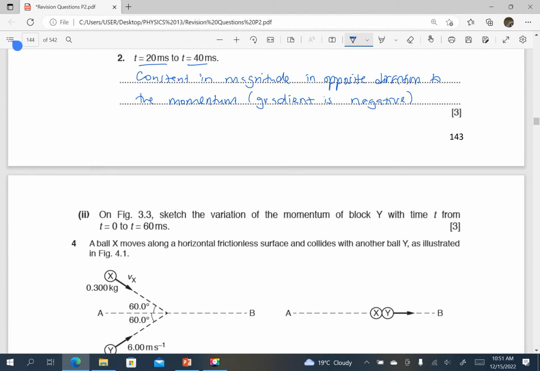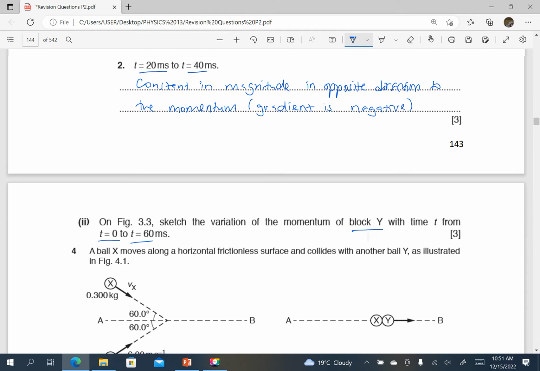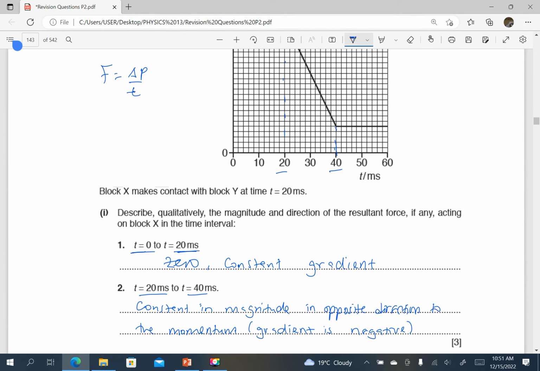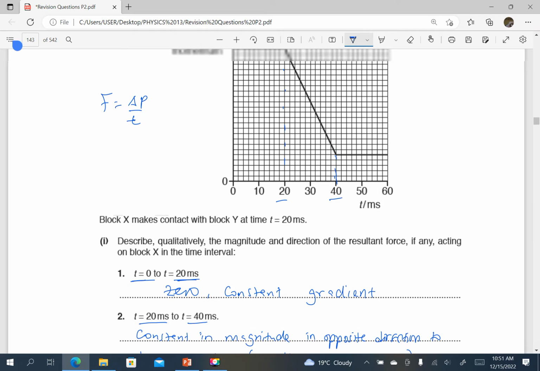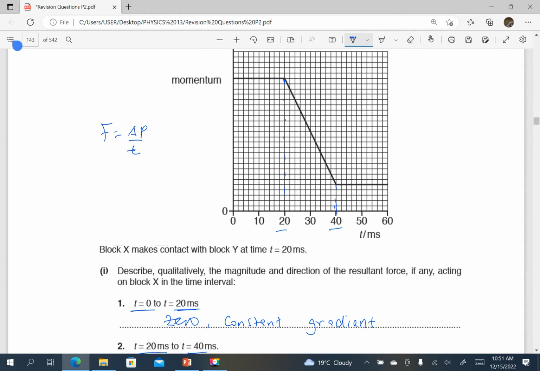Okay. On the figure, sketch the variation of the momentum of block Y with the time t from t equals 0 to t equals 60. Note that by conservation of momentum, total change in momentum for each of these blocks should be equal but opposite according to Newton's third law.